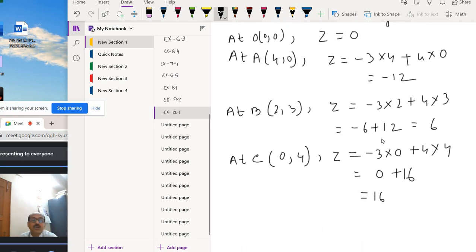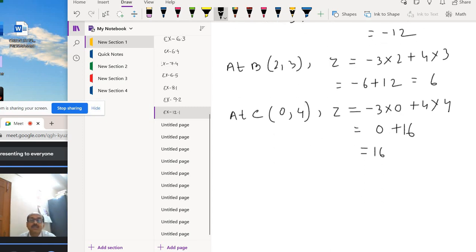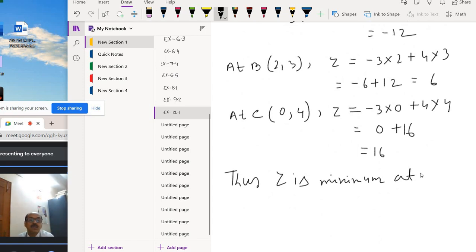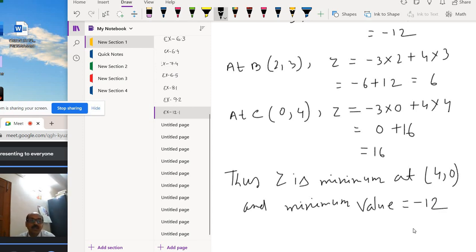So z is minimum at the point 4 comma 0, and the minimum value equals minus 12. This is the answer.